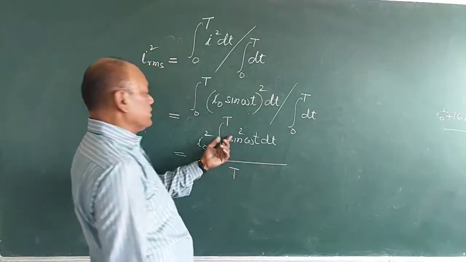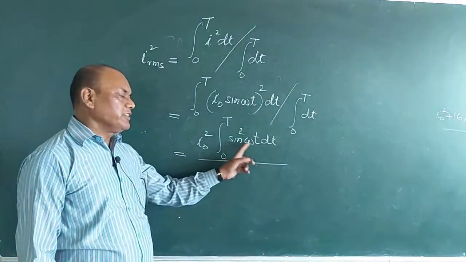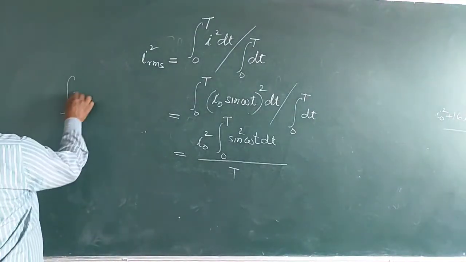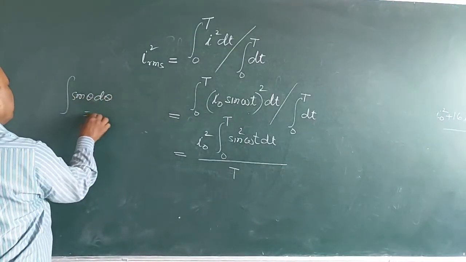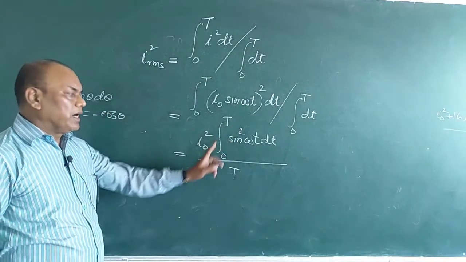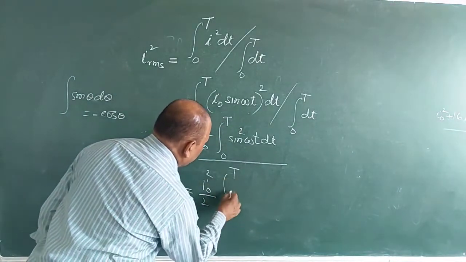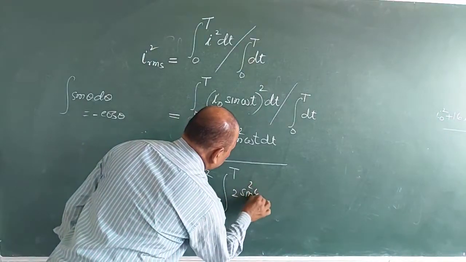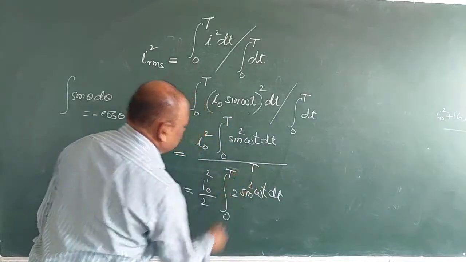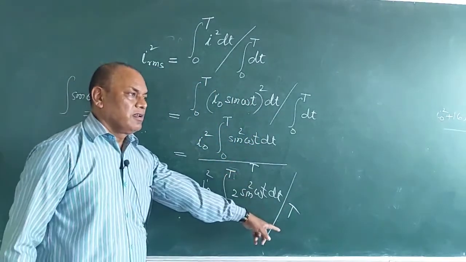Now we do not know the integral of sin square omega t, we have no formula, but we have the formula that the integral of sin theta d theta is minus cos theta. So we have to remove this square. For this purpose 2 is multiplied here and here: the integral from 0 to t of 2 sin square omega t dt, upon t.